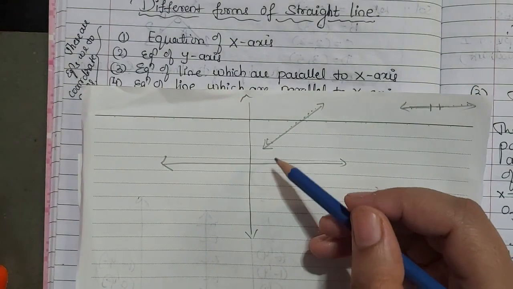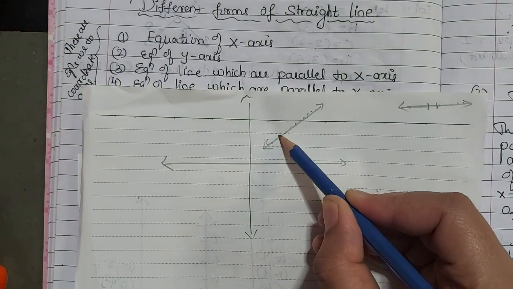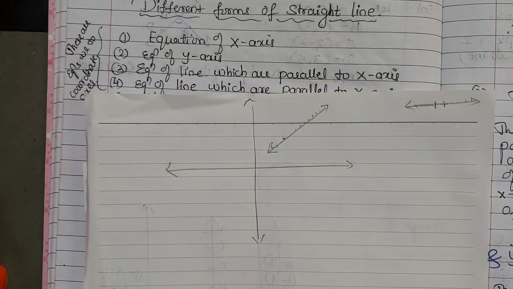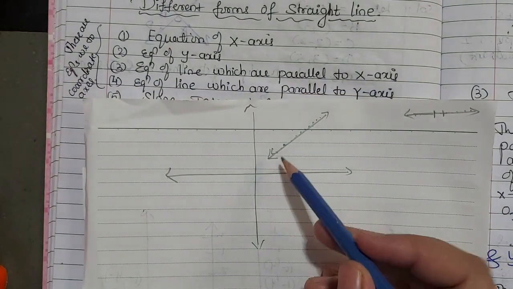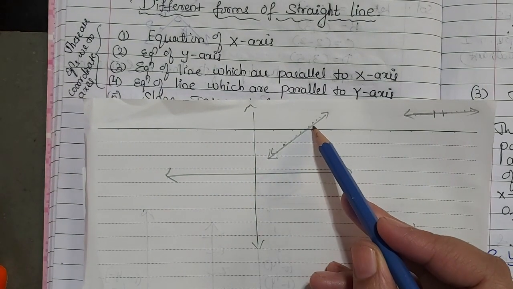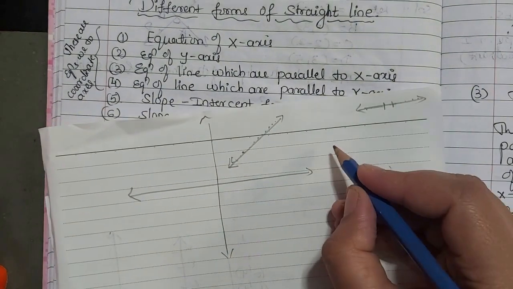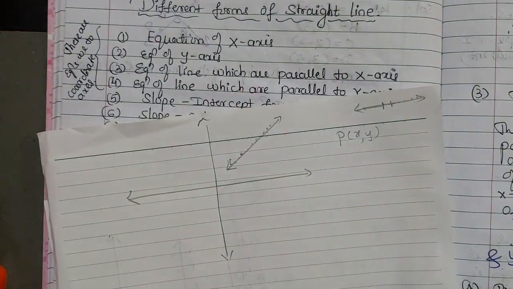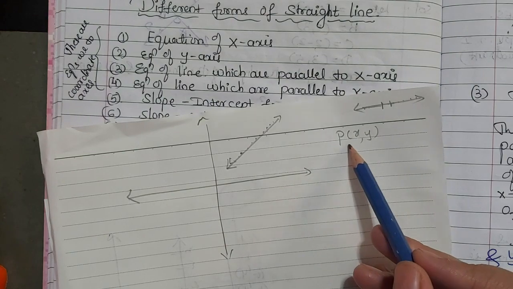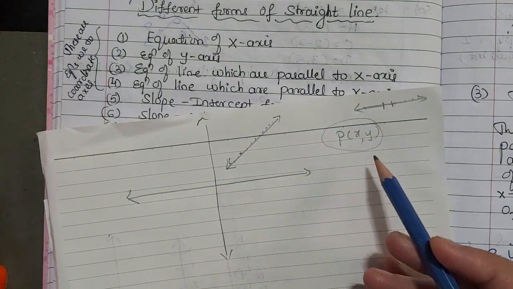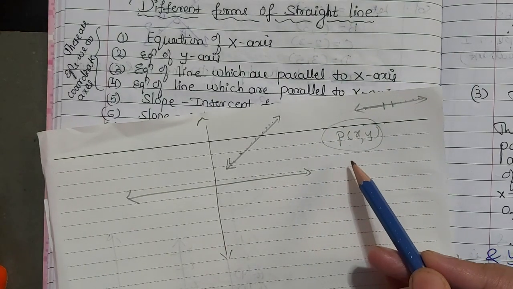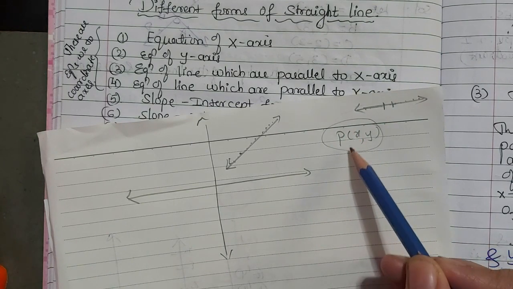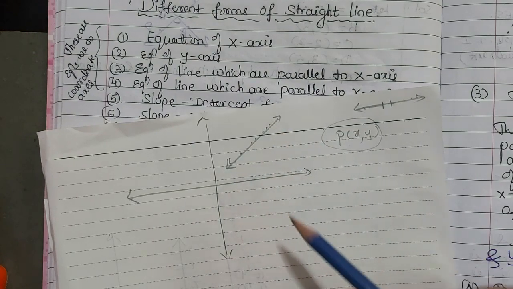Then, how can we say that a given point lies on the given line? For that, we should have a definite condition on the points lying on the line. For this, we should consider general point P of x comma y. For this point, we have to construct a condition or a statement, okay, such that that condition should satisfy the given line.